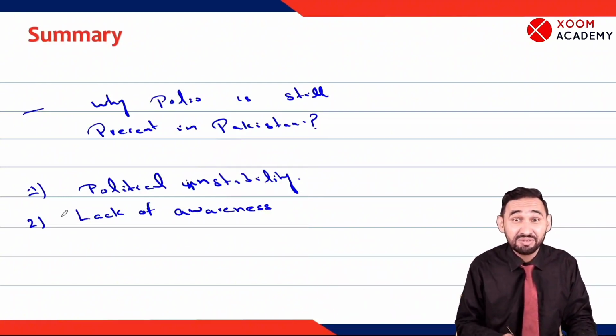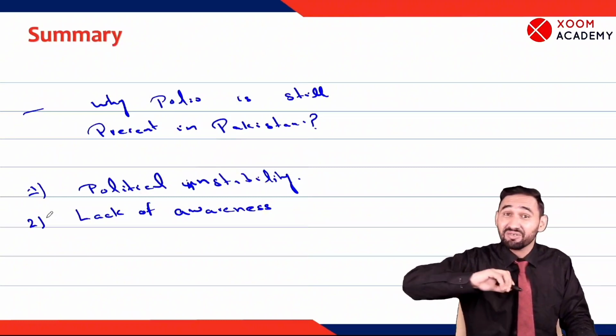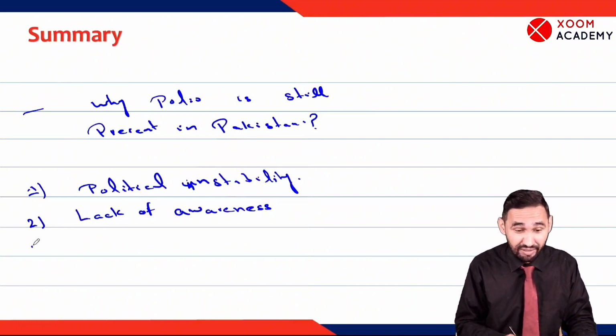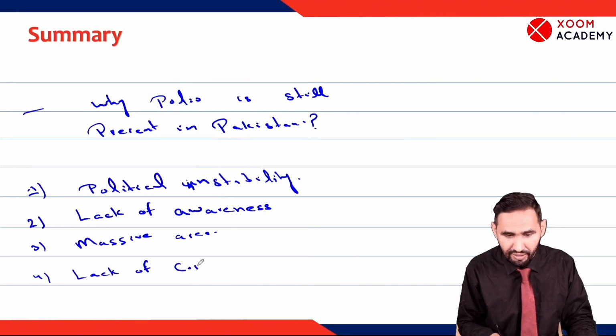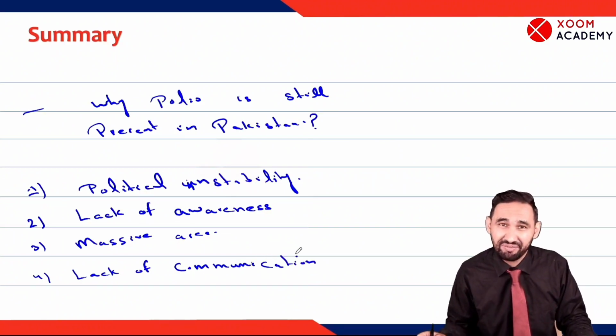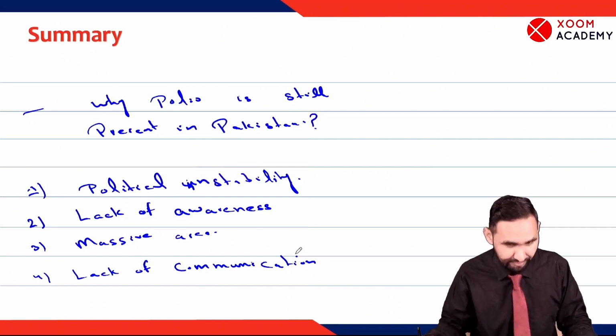Pakistan population is distributed from hilly areas to grounds. So, due to massive area of Pakistan, lack of communication. Why lack of communication? Healthcare workers fail to communicate with parents, fail to communicate with community.